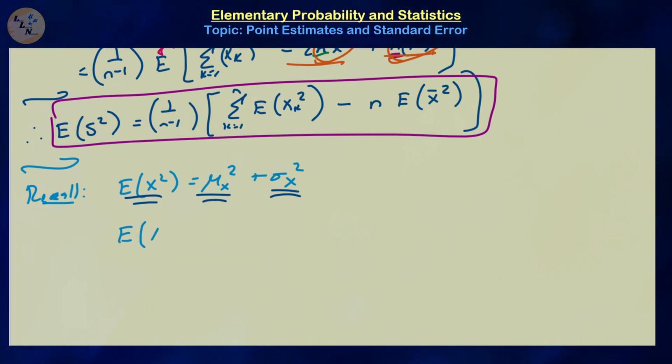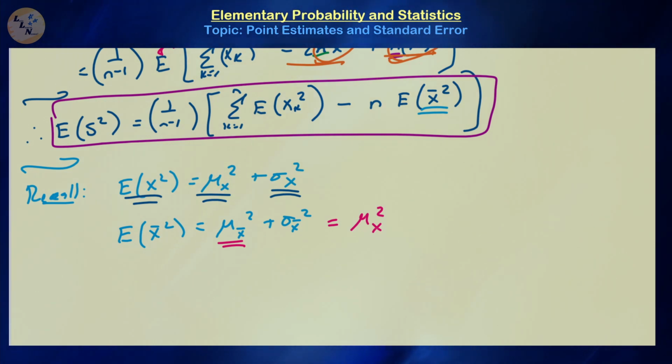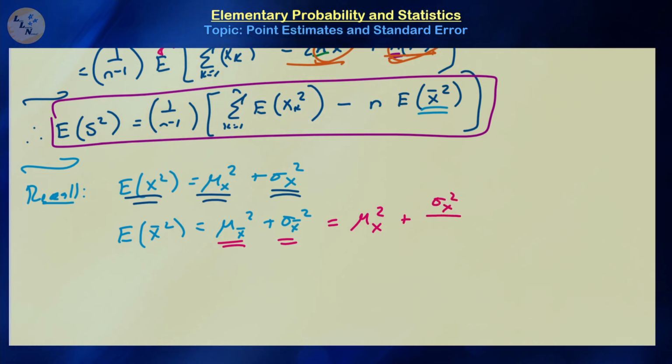Also, the expected value of x bar squared, because we need to figure out what that is, is just going to be the mean of x bar squared plus the variance of x bar. But remember, we already know what the mean of x bar is. That's just equal to the mean of x, regardless of the distribution. And the variance of x bar is just equal to the variance of x divided by the sample size n, right?